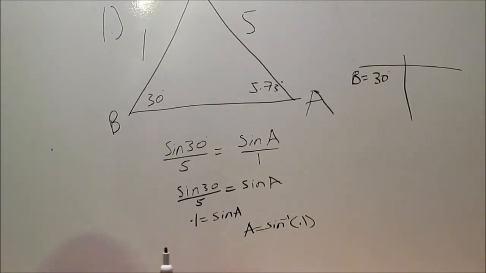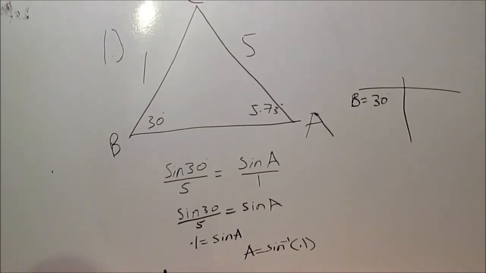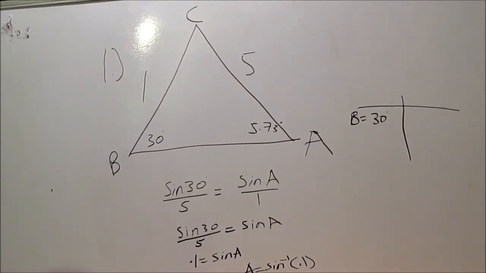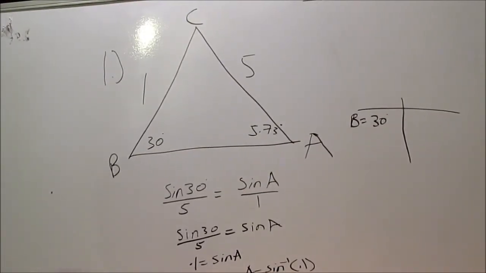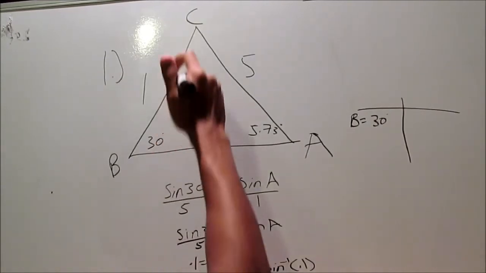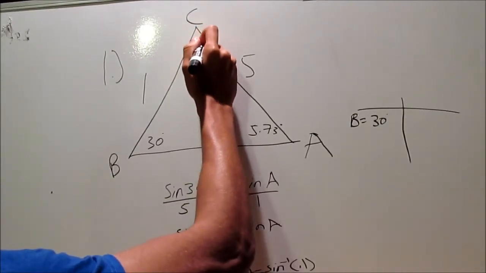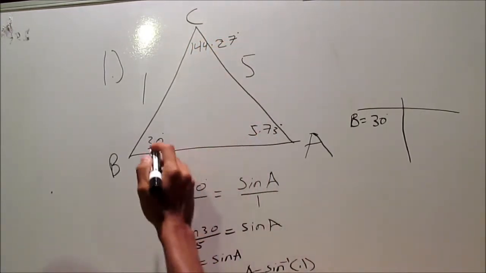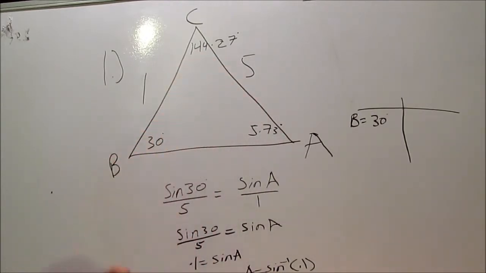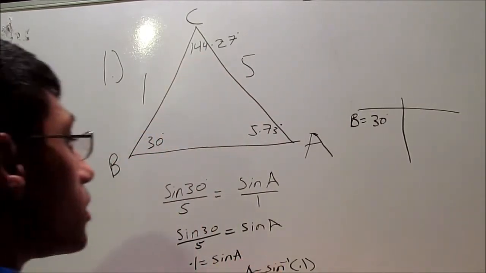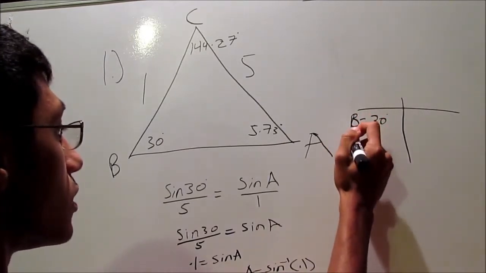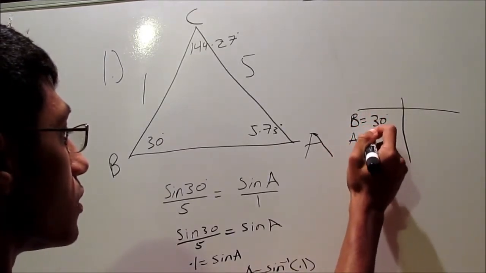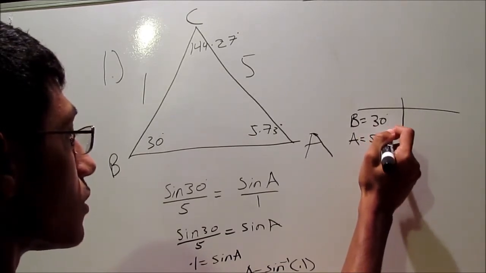And then from there you can add these two and subtract from 180, which equals 144.27 degrees. And you can add all these up and they will all equal 180. And knowing that, over here A equals 5.73.